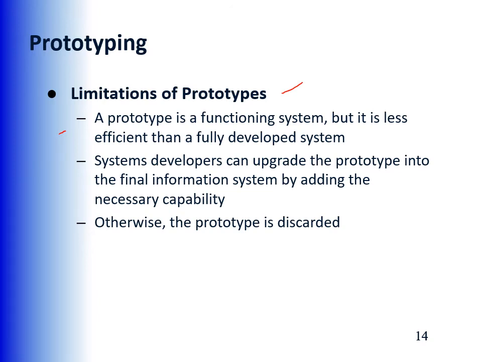The prototype normally will have slower processing speed and response times, and it also might lack security exceptions, error handling procedures, and other required functions. So system developers can upgrade the prototype into a final information system by adding the necessary capability. Otherwise, the prototype will be discarded.